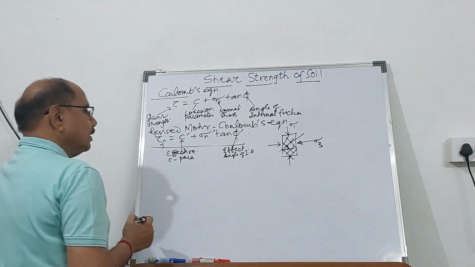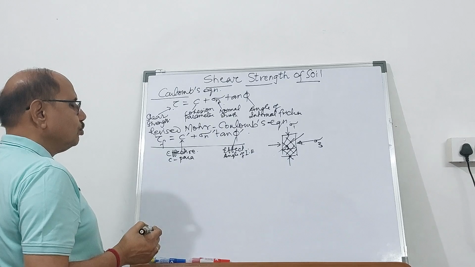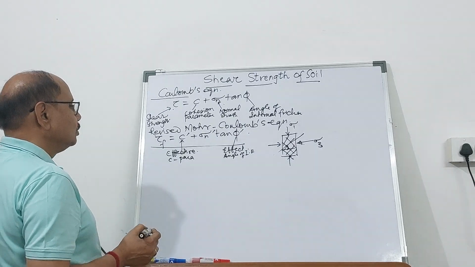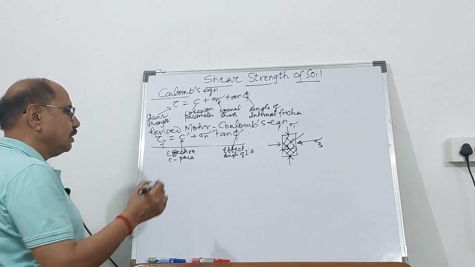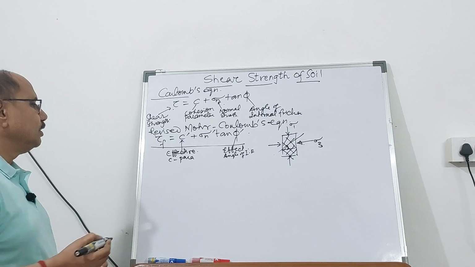Shear can be given by this equation known as Mohr-Coulomb's equation. So C and phi are the effective shear parameters that we know.